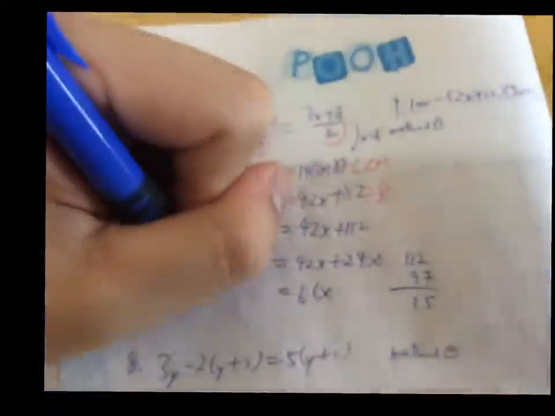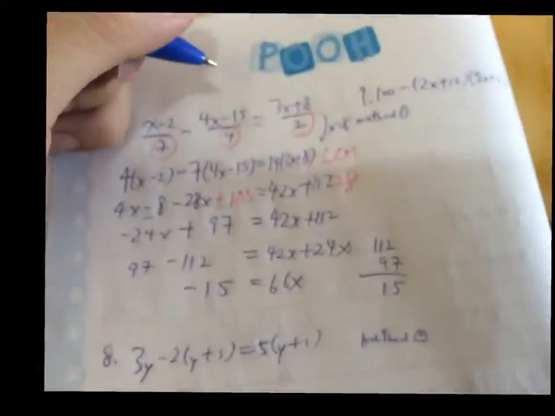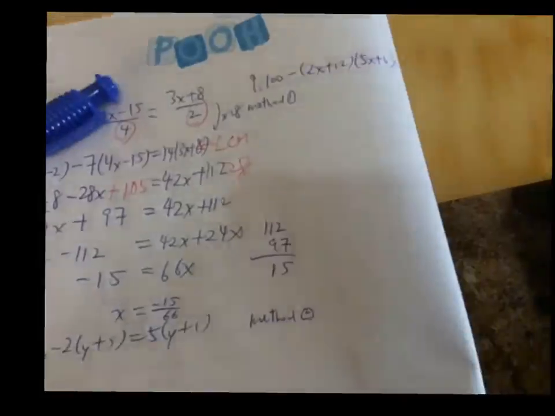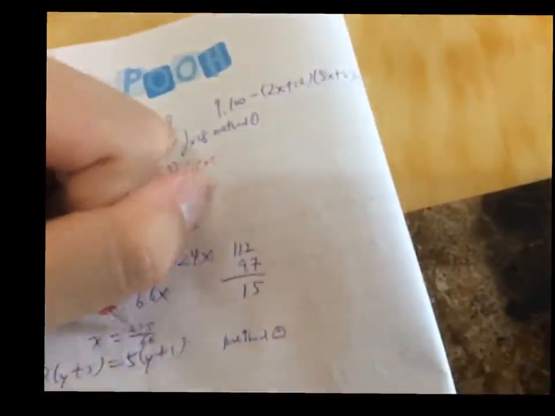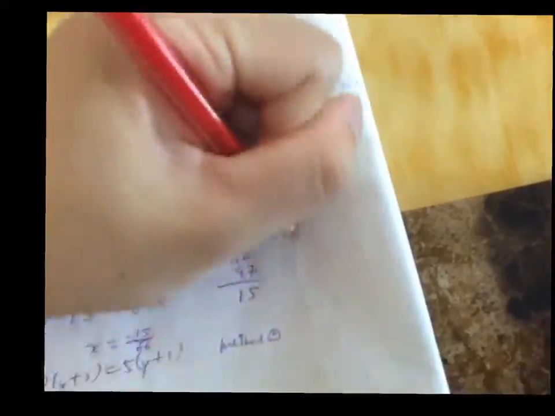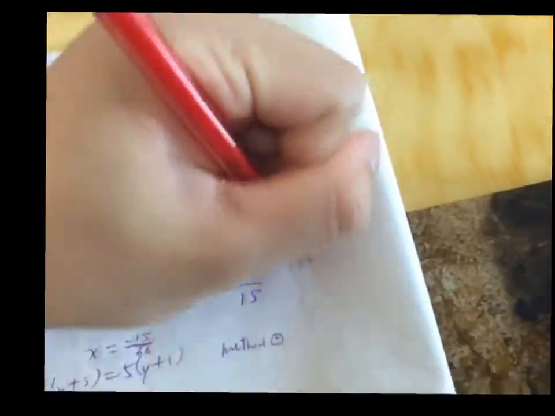This will be 97 minus 112. 112 minus 97 is 15, so we get negative 15. So it will be negative 15 over 66. Can it be simplified? Okay. 1 plus 5 is 6. 6 plus 6 is 12.